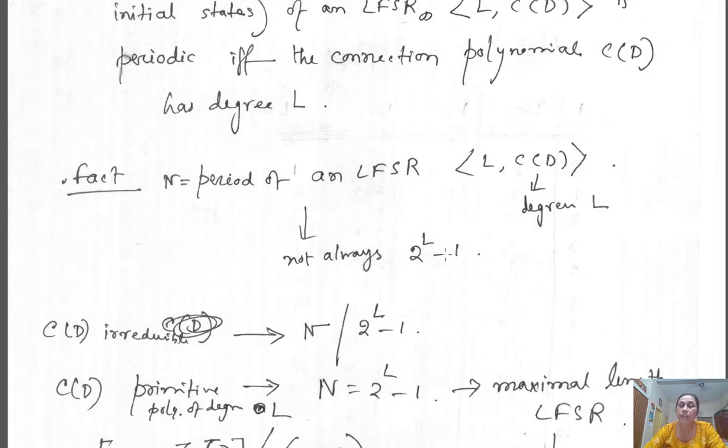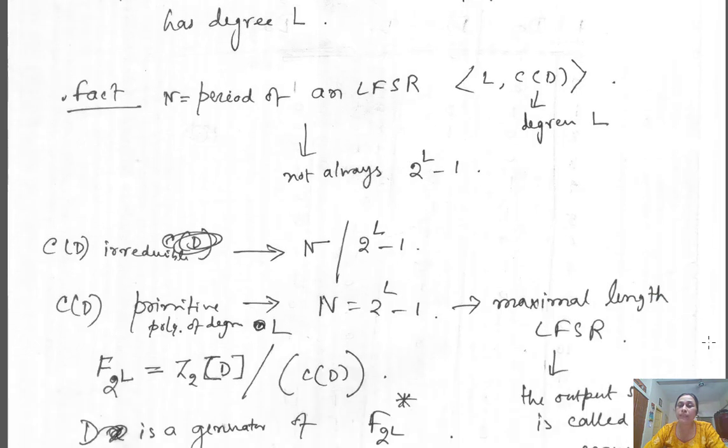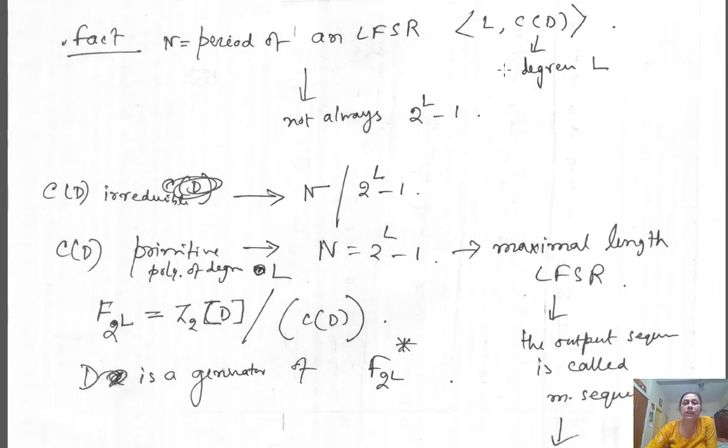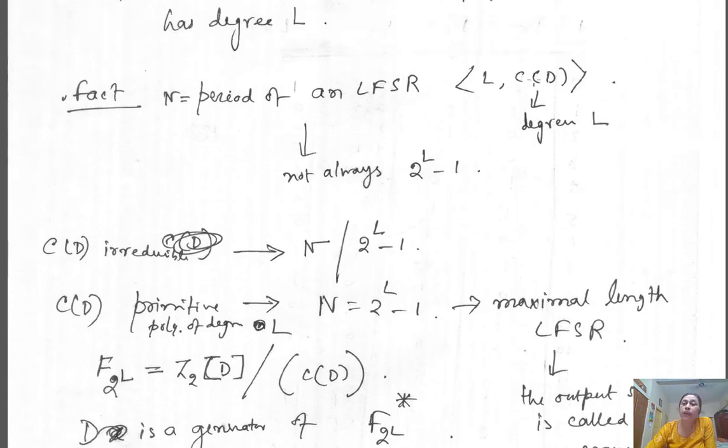Whenever it is 2 to the power L minus 1, we say it is a maximal length LFSR. And under what condition will it give you a maximal length LFSR? Under this condition: the connection polynomial C(D) should be a primitive polynomial in this sense.